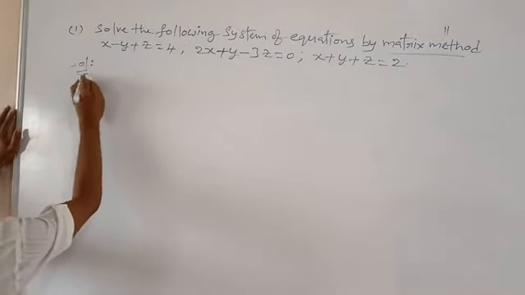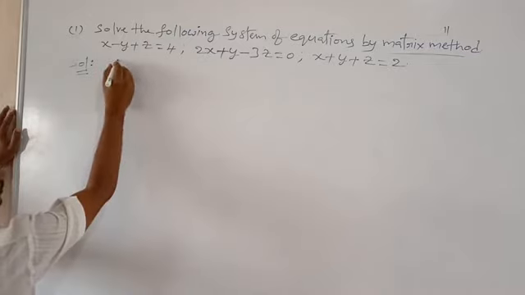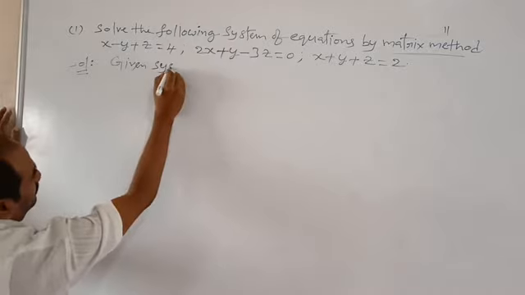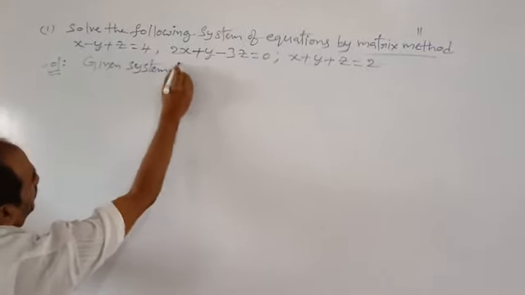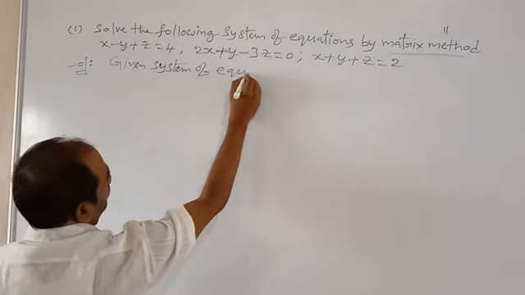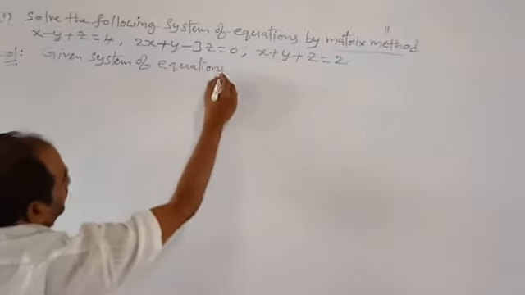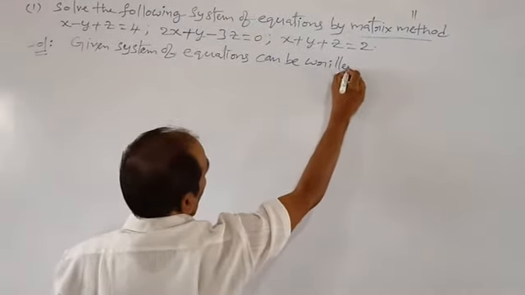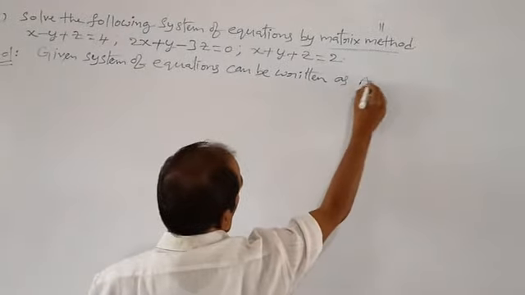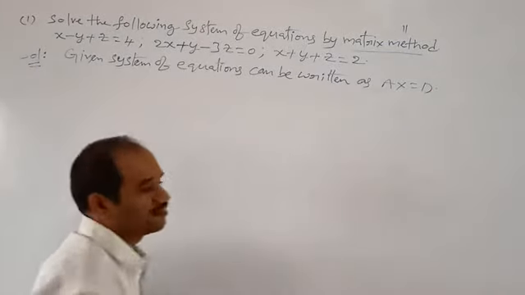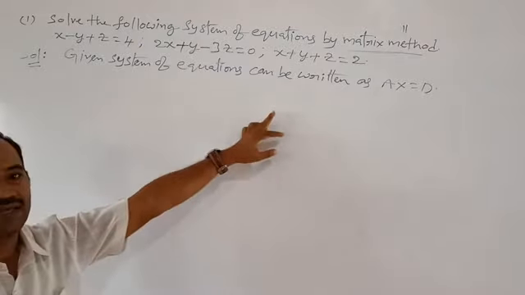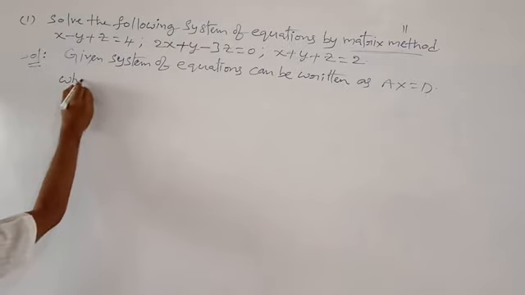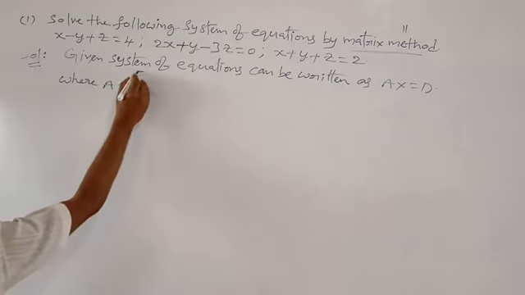In the solution, the given system of equations can be written as AX = D, where A is the coefficient matrix.